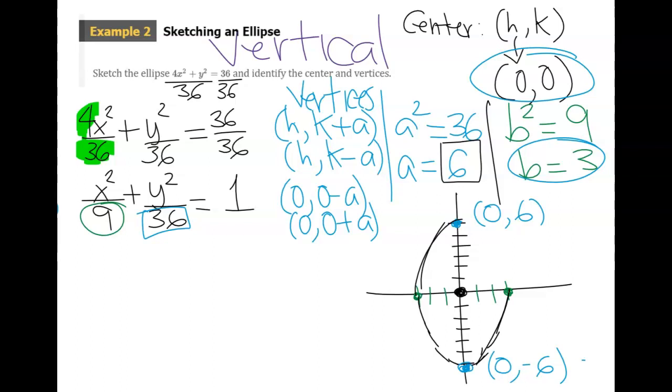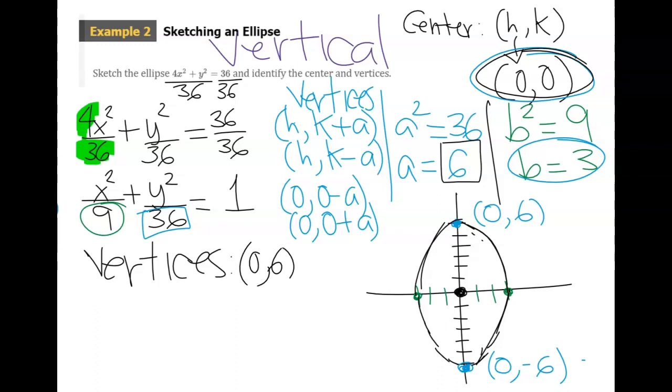I'm trying not to make it too ugly. Okay, and that will be the ellipse. And so we have the center at 0, 0, and we have the vertices at 0, 6 and 0, negative 6.